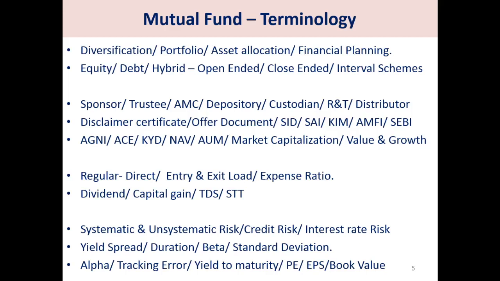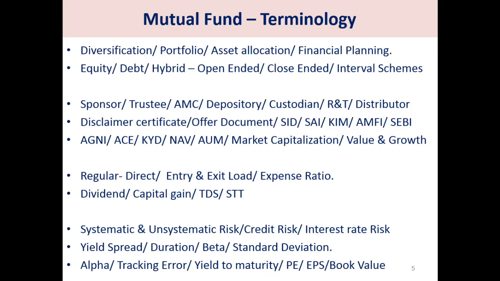Then you have one classification that you need to understand, and that area is basically the types of scheme. Very important. You will have a lot of questions coming from this area, and you have varieties of classification and sub-classification under this. You have open-ended, closed-ended, and interval schemes.